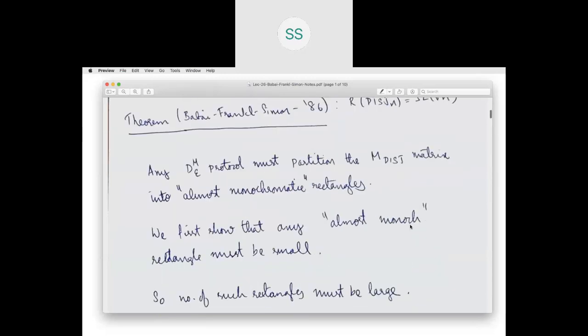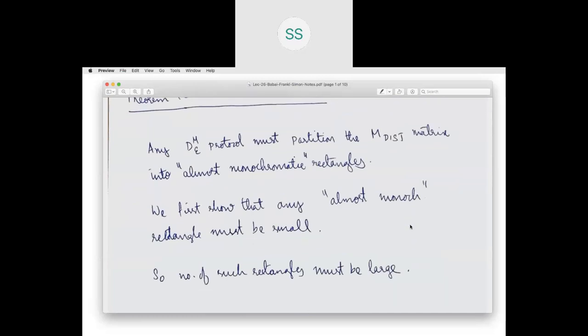Let us see the intuition. Any distributional complexity protocol must partition the matrix into almost monochromatic rectangles, because we cannot make an error of more than epsilon. In today's lecture, we will show that any almost monochromatic rectangle must be small. What almost monochromatic and small mean, we will quantify formally in the next lemma.